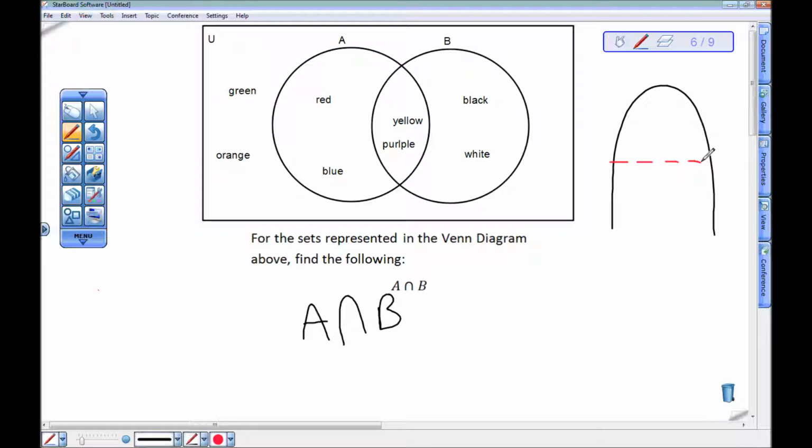And that reminds me of the word and. So for intersection, I want the things that are and, so the things that are in both.